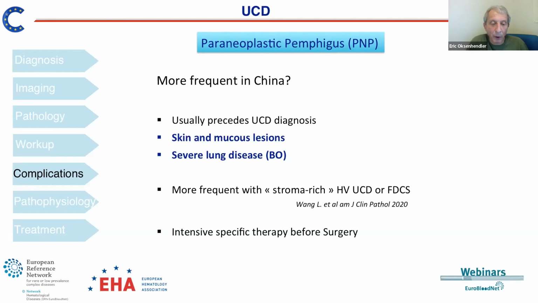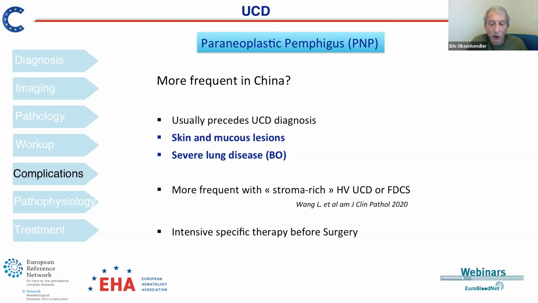So it's a patient who presents with skin and mucous lesions, sometimes a severe lung disease, bronchiolitis obliterans. And then at that point, when the PNP diagnosis is done, we have to look for a lesion of Castleman disease.